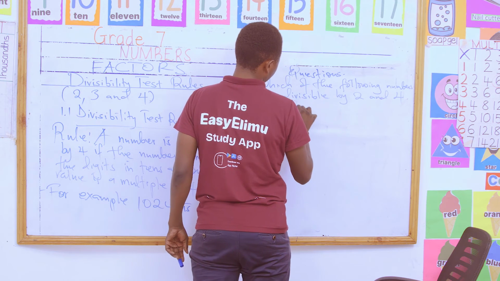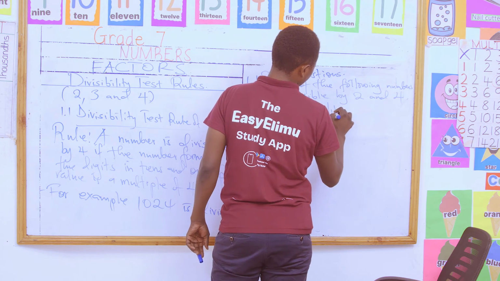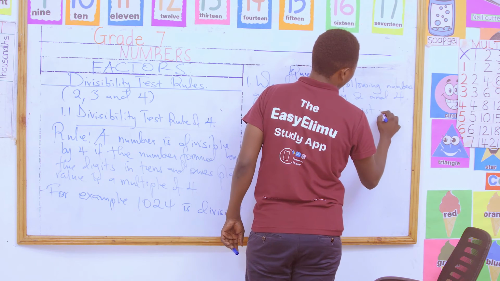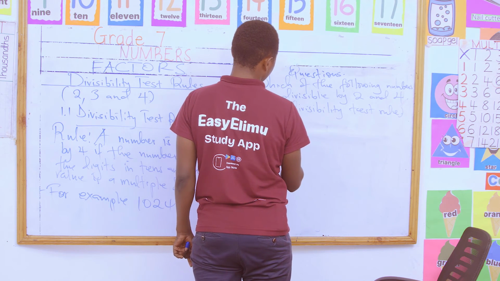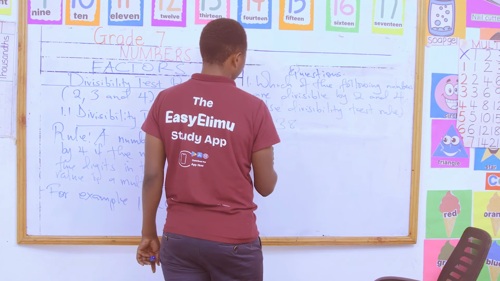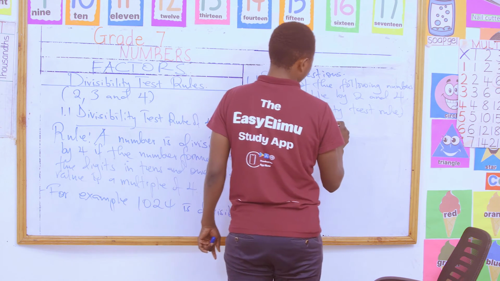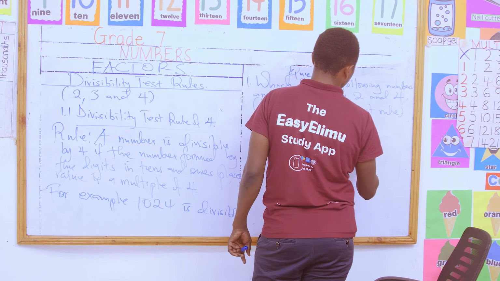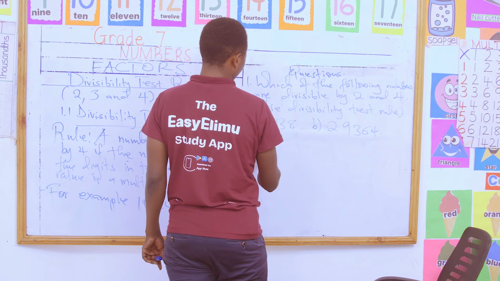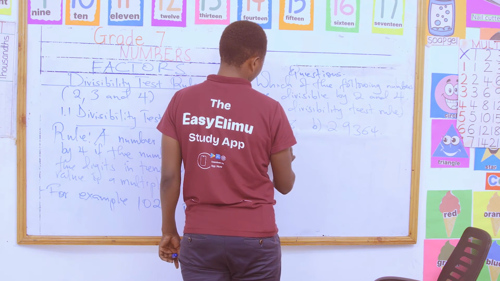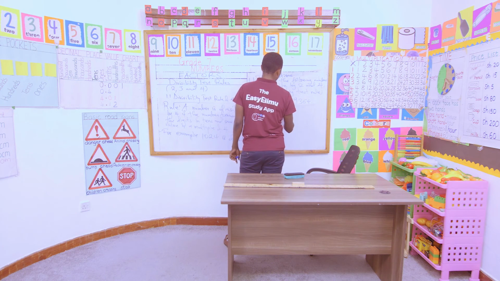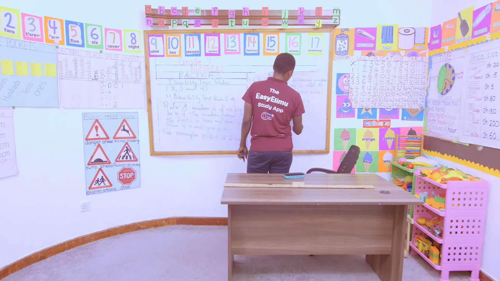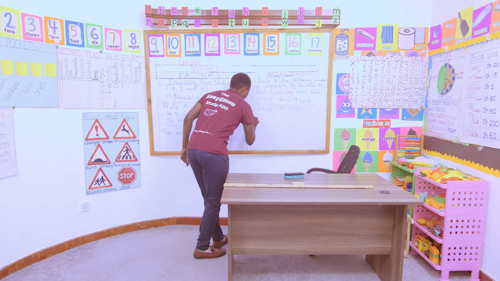Use the divisibility test rule. Part A, we have 1138. Part B, we have 29364. Part C, we have 4908. Part D, we have 1146.